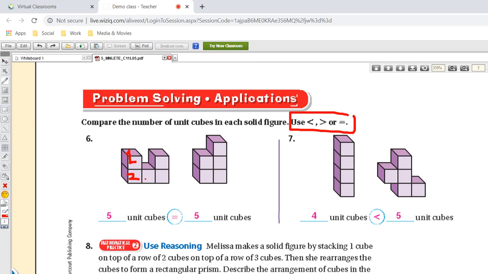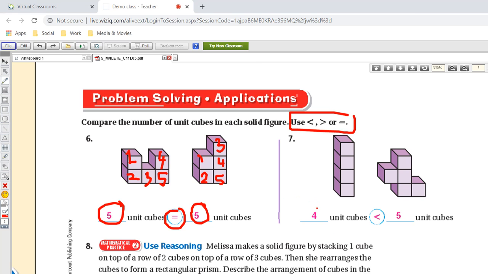So we have here 1, 2, 3, 4, 5. So we have 5 unit cubes. Here 1, 2, 3, 4, 5. So we have another 5 here. So it will be equal.